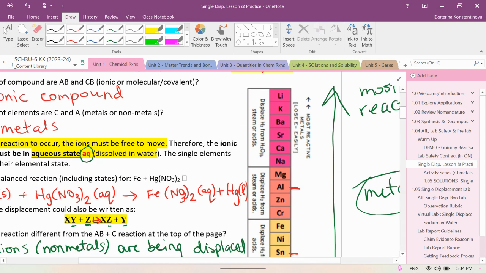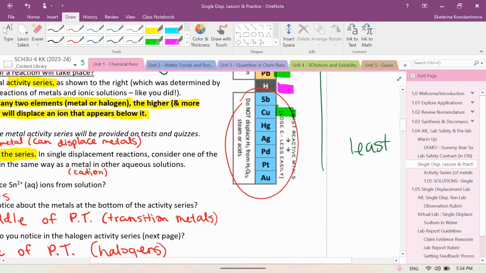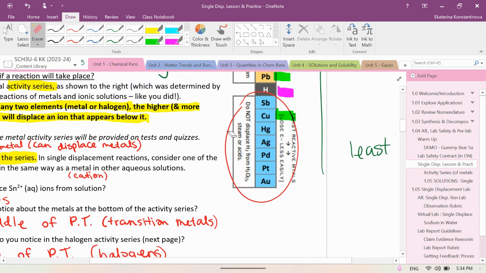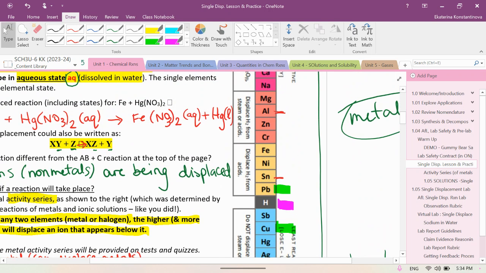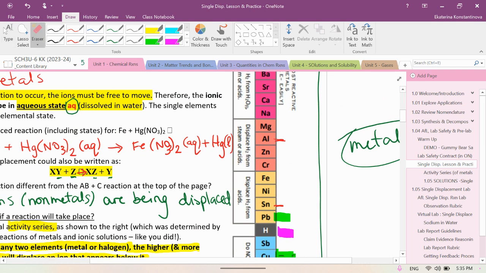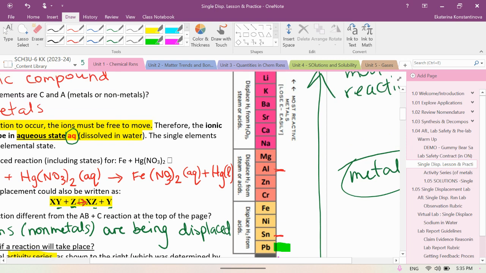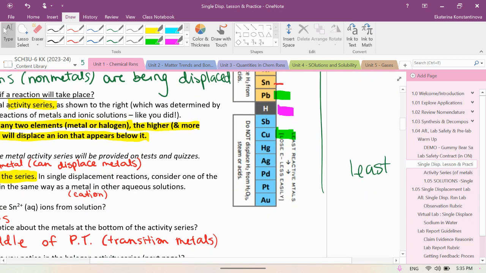If you look at the very bottom, you'll see that the least reactive do not displace hydrogen from water, steam, or acids. And then this orange section displaces hydrogen from only acids. And this darker orange will displace hydrogen from steam or acids. So you'll see they're more and more reactive the higher up they are on the activity series of metals.